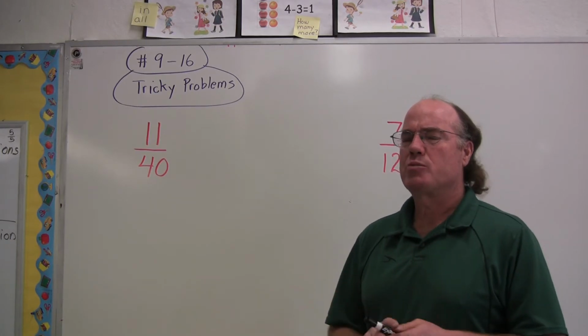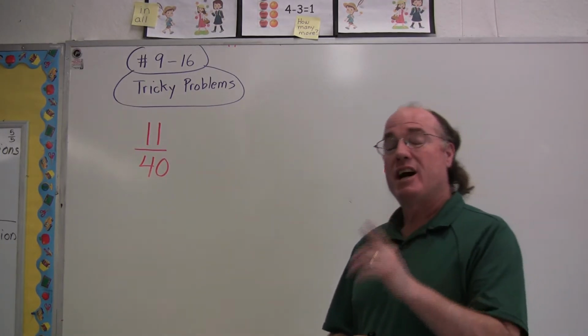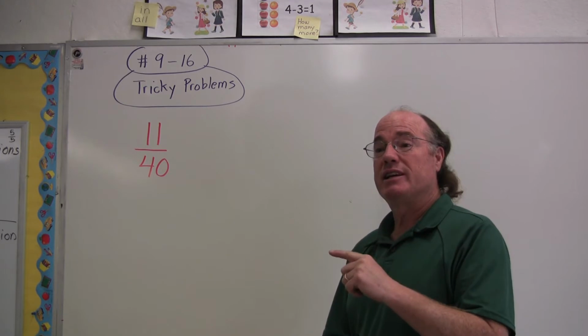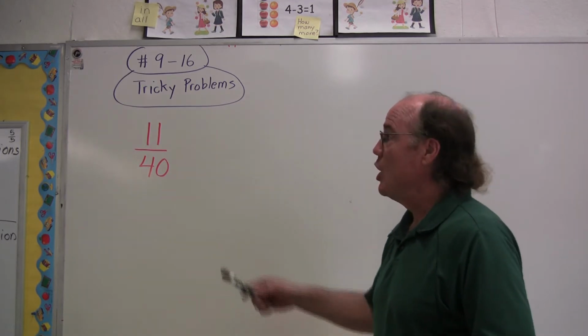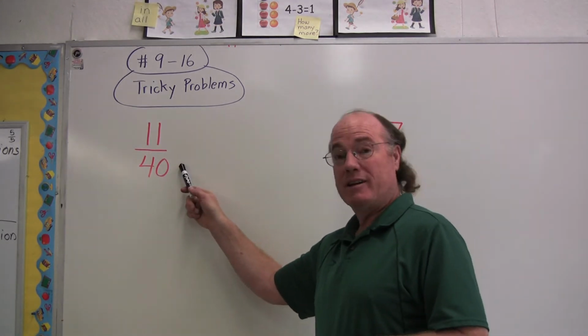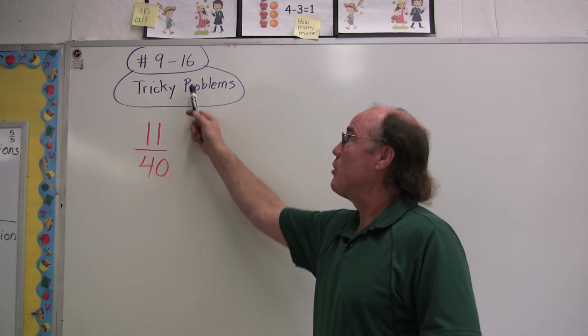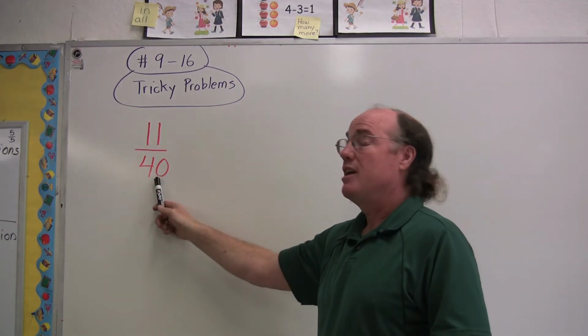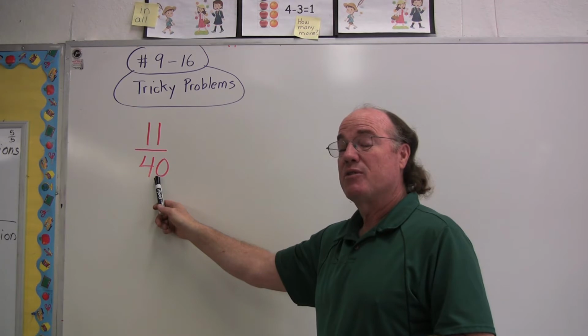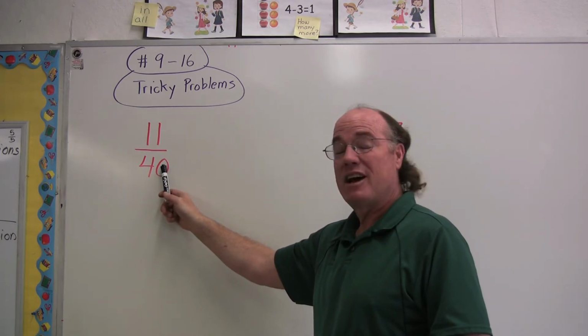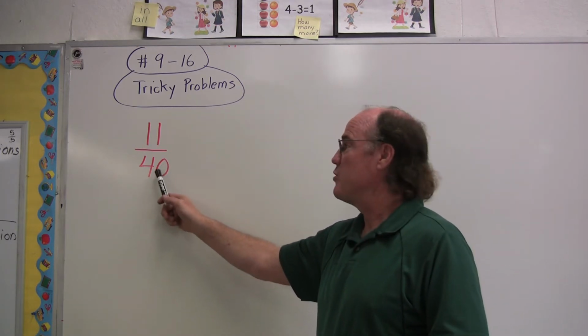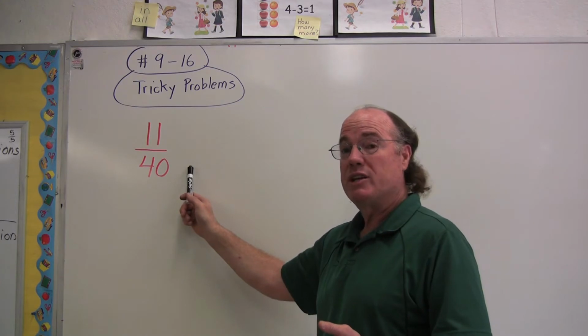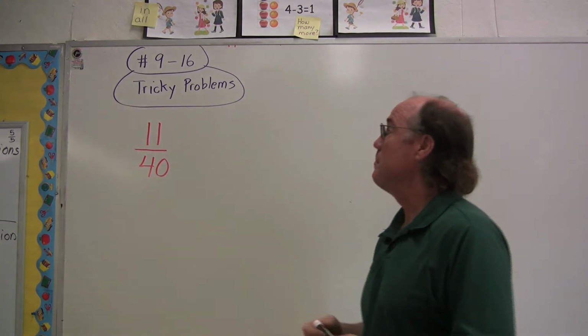Those problems were pretty easy when the denominator divided evenly into 100. But look at this problem here. Some of the tricky problems of 9 through 16, in the denominator of the fraction, they cannot go evenly into 100. Does 40 go into 100 evenly? No. Okay?